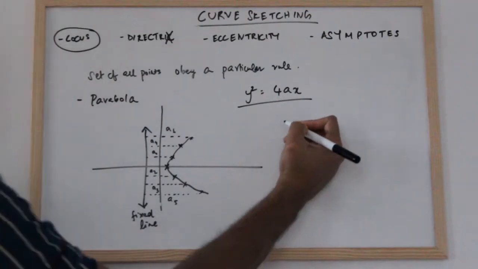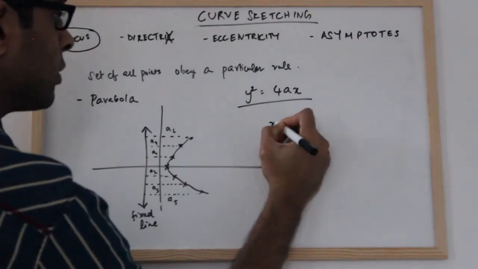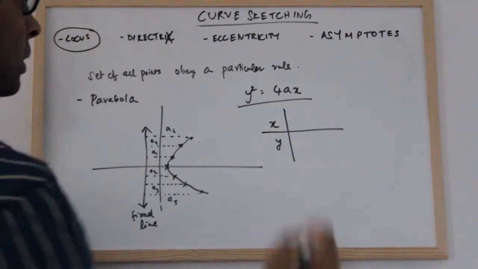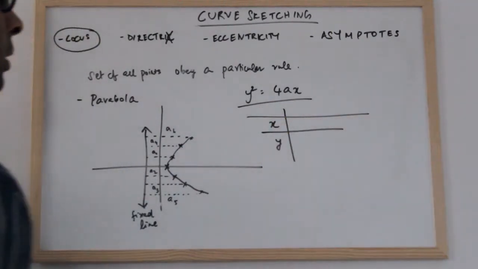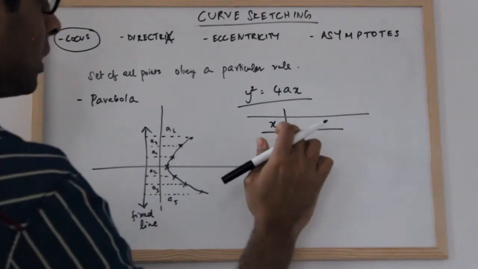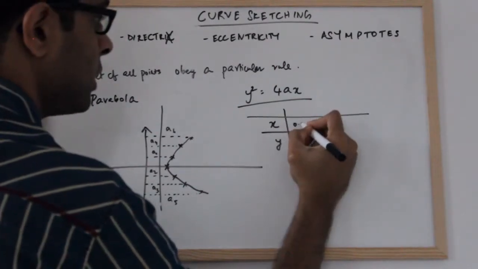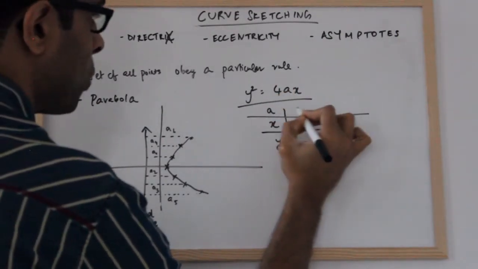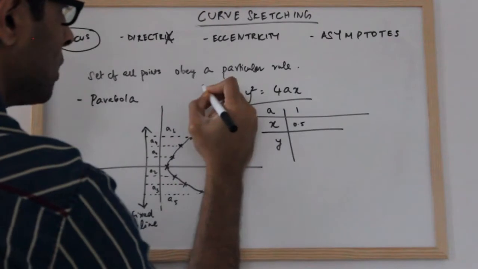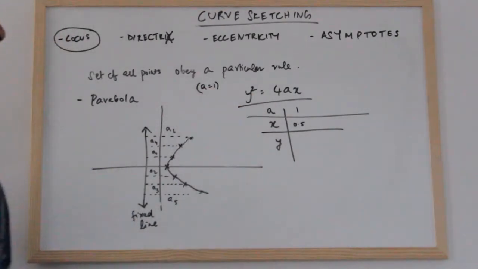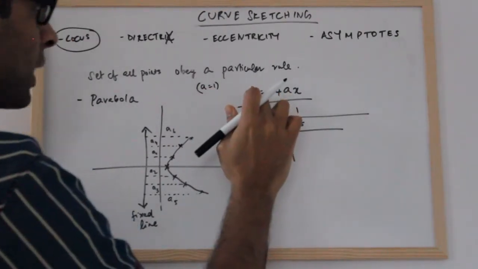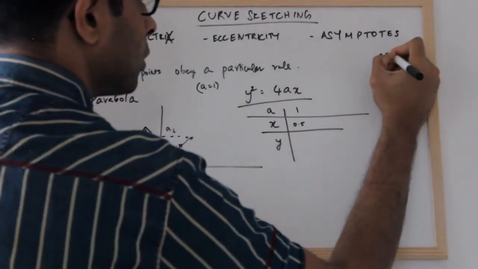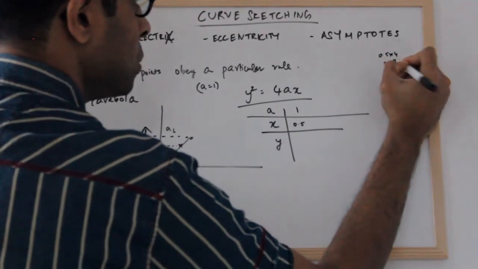So to plot, you have to draw a table consisting of x and y. If our x is 0.5, which is half, 1 by 2, and our a is 1, if we fix a as 1, then our y squared value will be 0.5 into 4, which is 2.